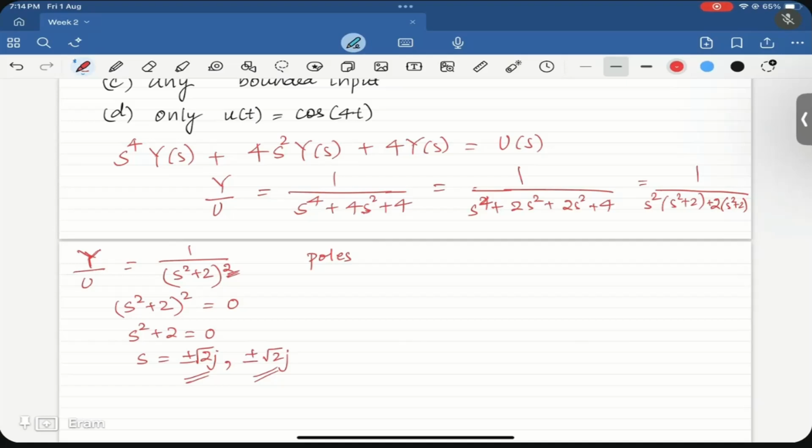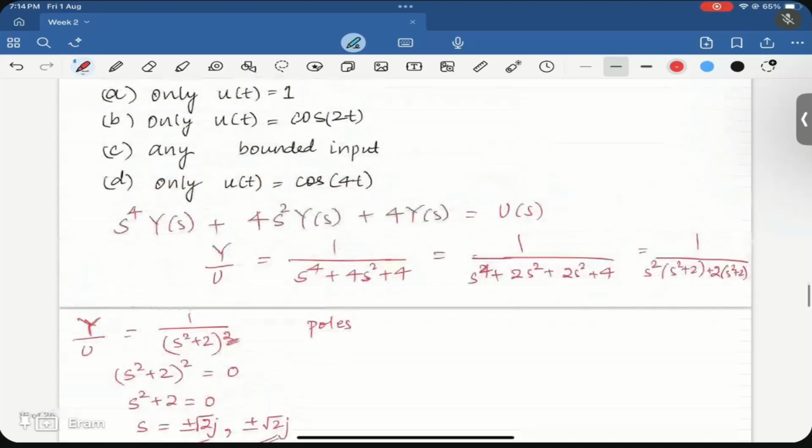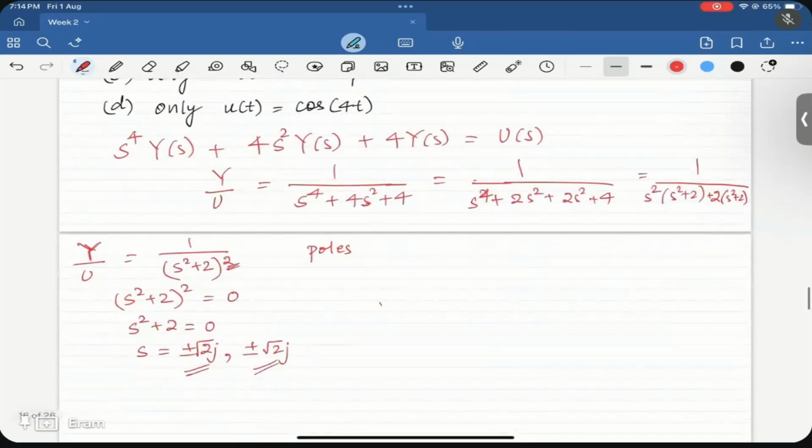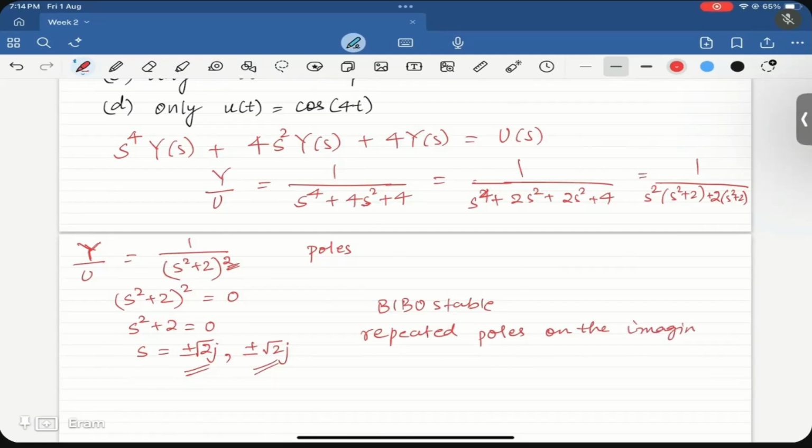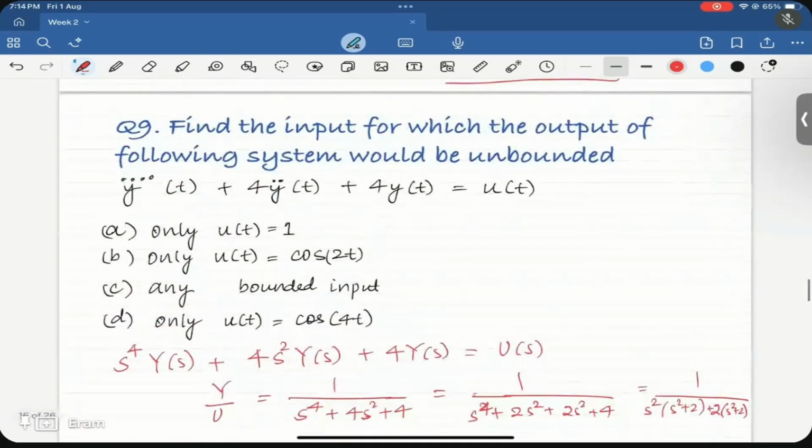So this system is unbounded for any bounded input, right? Because this is not BIBO stable, because we have repeated poles on the imaginary axis. So which option is correct among these?